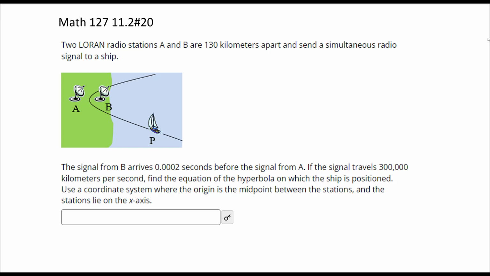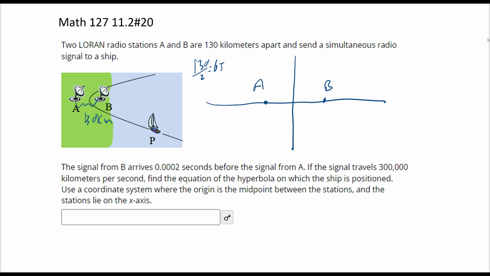So this is how I'm going about it. I have a coordinate system. And we're told that these are 130 kilometers apart. So 130 divided by 2 is 65. So that means we have some B over here. I hate that they used A and B, by the way, because we use those as part of the formula for our hyperbola.